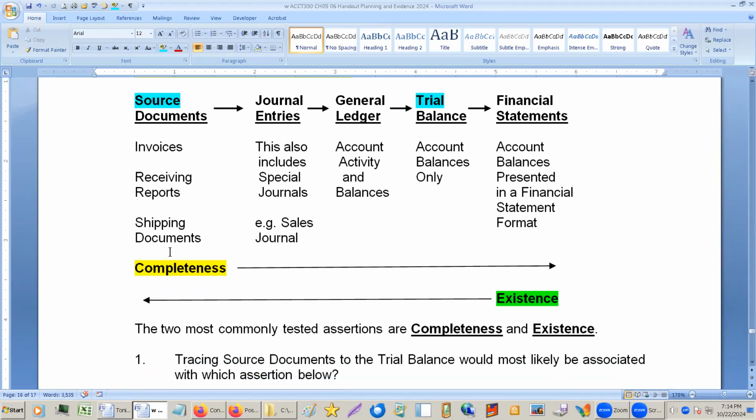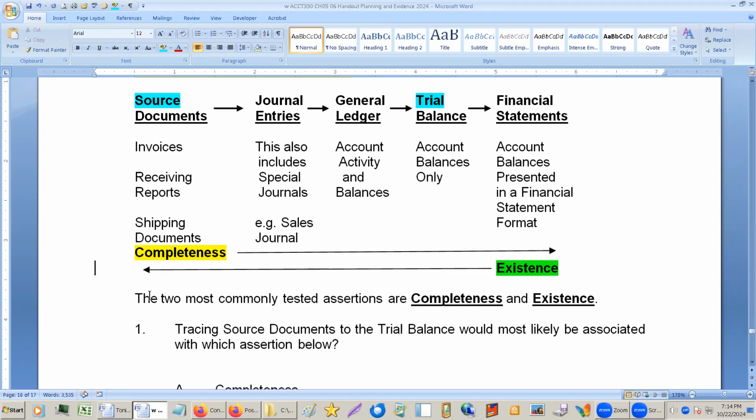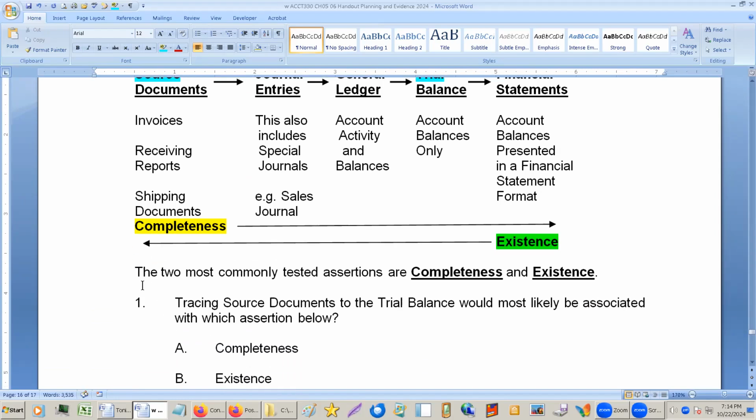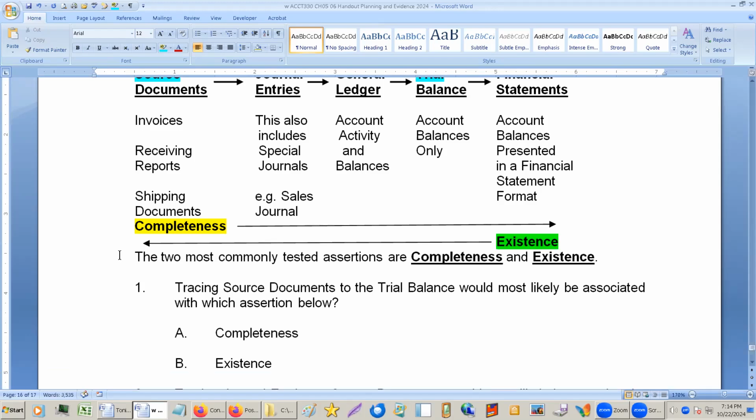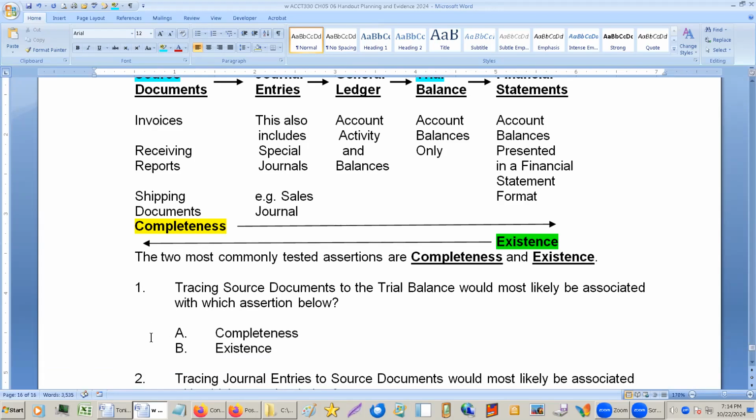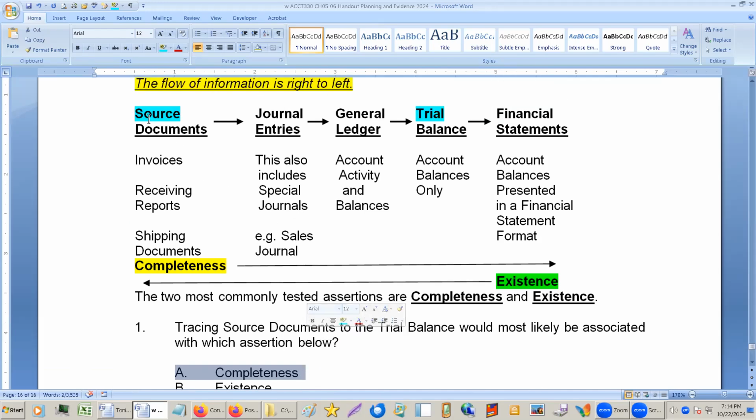I'm going to shorten this up a little bit. Completeness? Yep. Yeah, this would be a completeness test. Are the source documents in the trial balance?